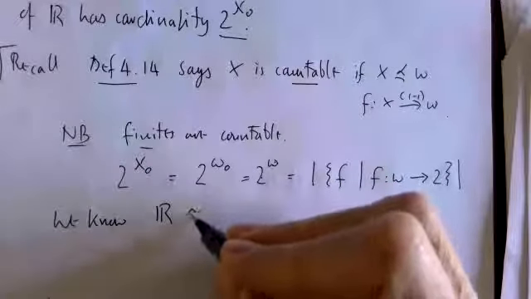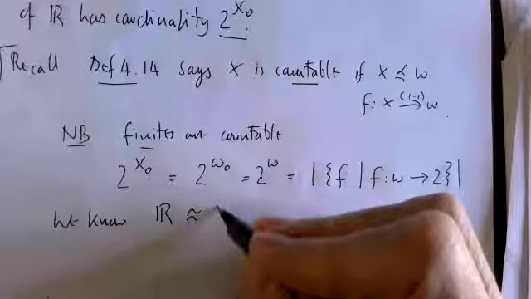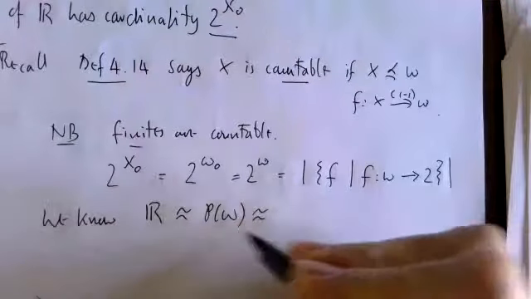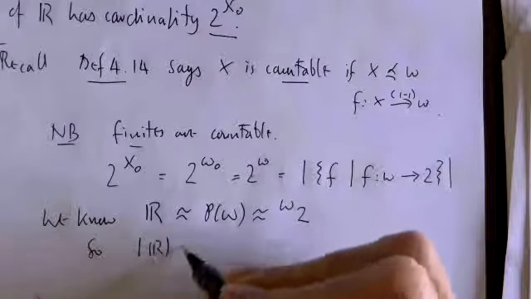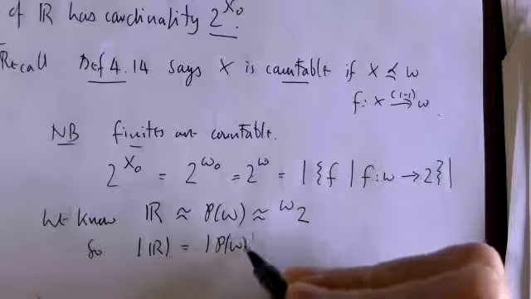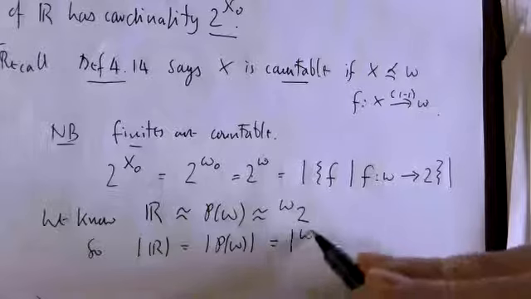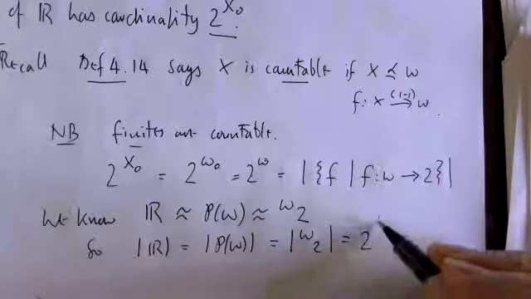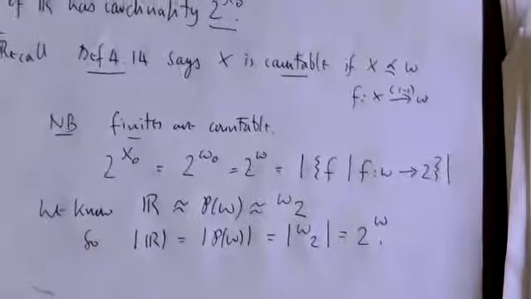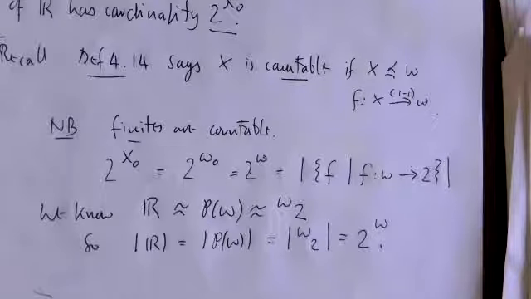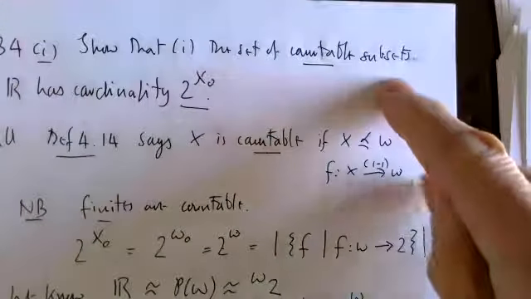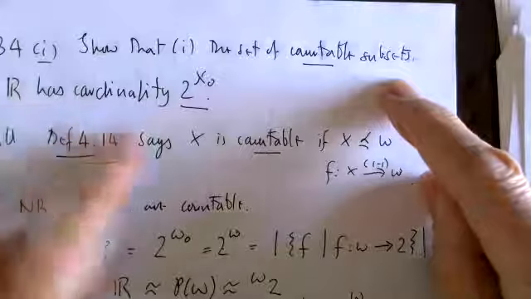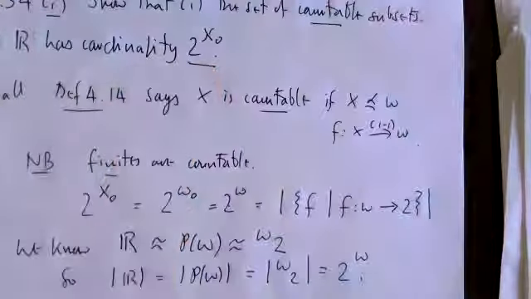There's a bijection between R and the power set of omega, which we can identify with characteristic functions from omega into 2. So the cardinality of R is the cardinality of the power set of omega, that's the cardinality of this, and this is 2 to the omega. So you're being asked to show that the set of countable subsets of the reals has this cardinality 2 to the aleph 0.